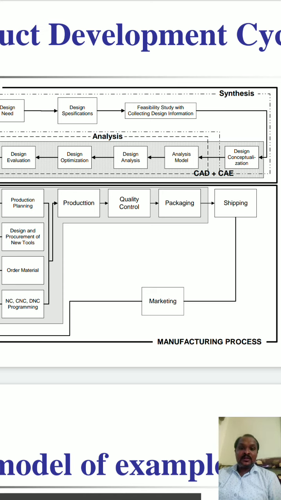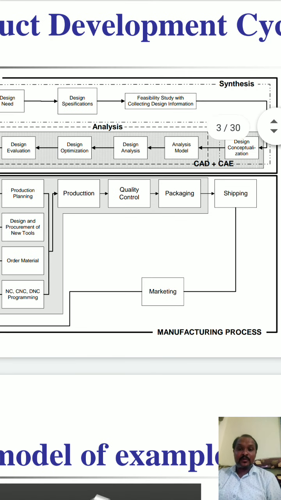So you should go with the design analysis. Your prepared design should be analyzed with the help of software, to see whether it is sustainable in the market or not. That is a very important part. If it sustains in the market for a long time, that is a very good thing in the design analysis.